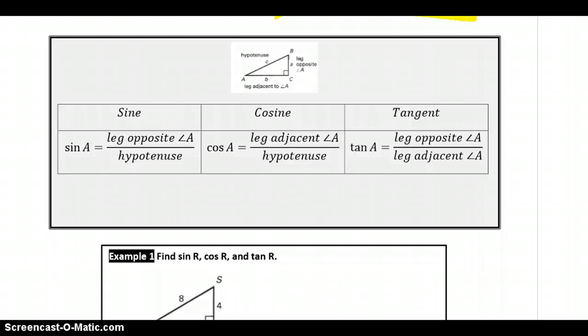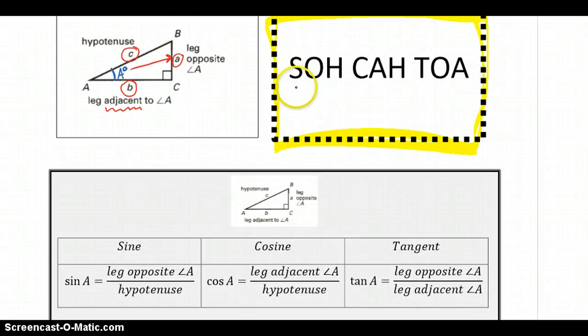SOHCAHTOA, it's an abbreviation. It stands for sine. That's where our S comes from. We abbreviate sine, S-I-N. Cosine is the C. We abbreviate cosine, C-O-S. And tangent is where we get the T, and we abbreviate tangent, just T-A-N, tan. So we have sine, cosine, and tangent.